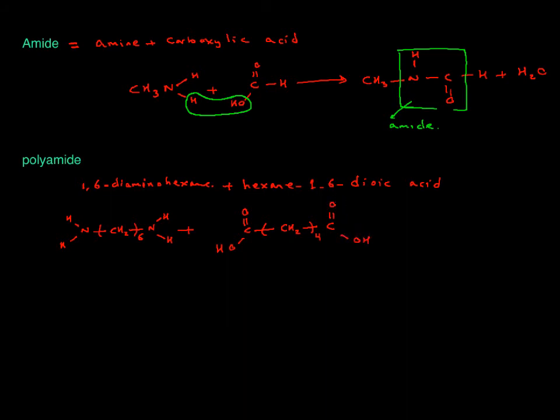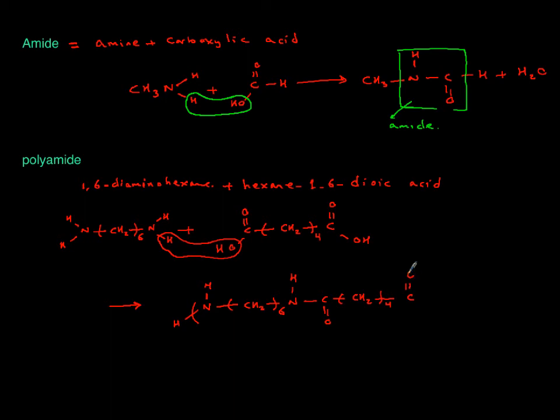And then let's condense it out. The H and the OH come out. And I'm going to give you one segment of this polyamide that we formed. So it's N, H, and I put the other H outside. This time I show it, CH2 six times, you don't have to. NH continues with C double bond O, so we formed our amide linkage.